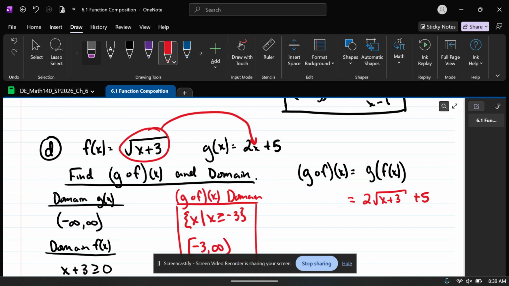Actually, there's absolutely nothing I can do to simplify that, because this has a square root on it. Everything's locked inside of there. This 2 doesn't do anything. You're not going to redistribute it there. The plus 5 doesn't have a radical on it, so I can't put that together. That's all there is for the composite function here. So g composed with f of x is that.